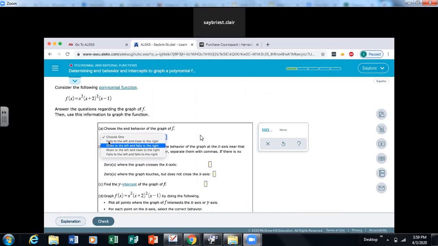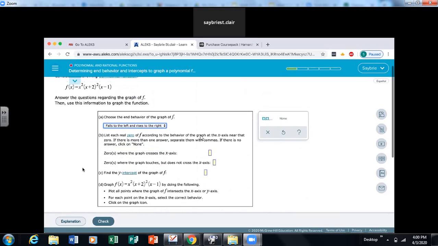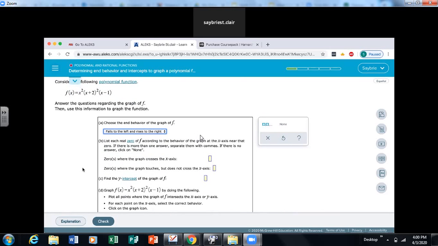So it falls to the left and rises to the right. Yep, that's what I got too. Good job. And then where the graph crosses the x-axis, looks like the only place it crosses is at 1.